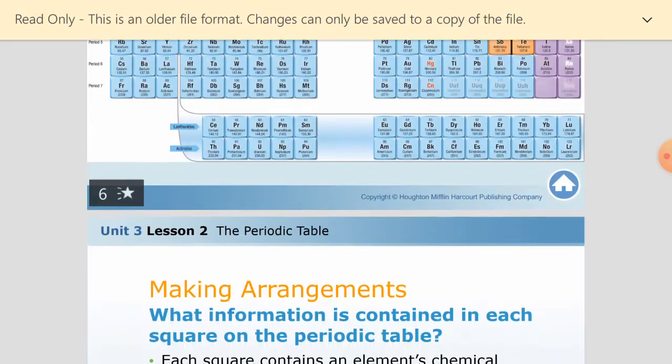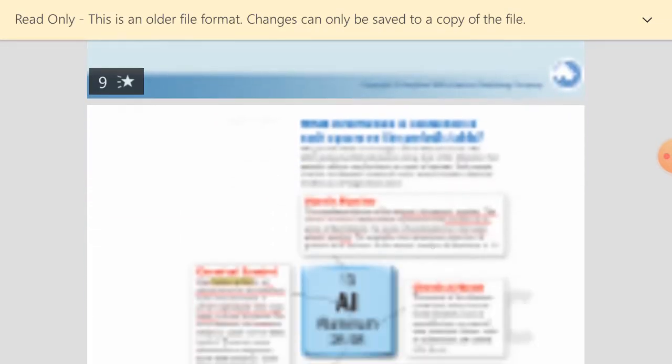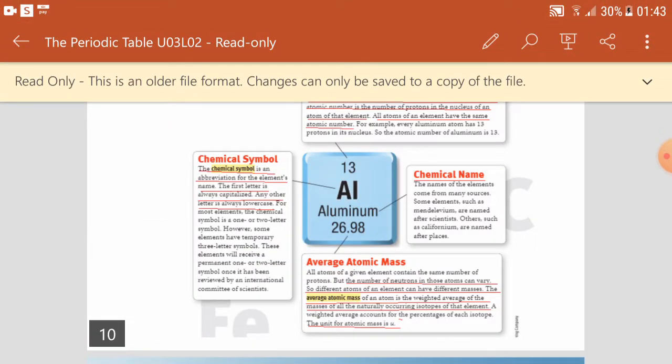But here, the atomic mass, the number below the word aluminum, is the atomic mass of aluminum. I'm going ahead, talking about something in advance, because you have to understand what the atomic mass is.